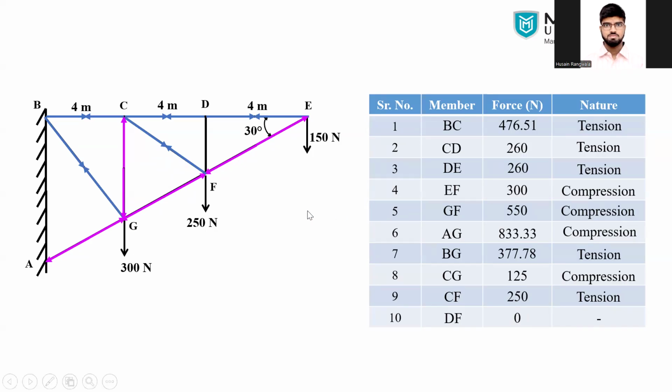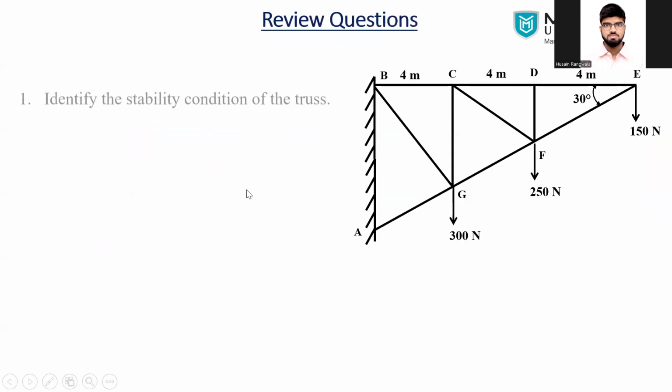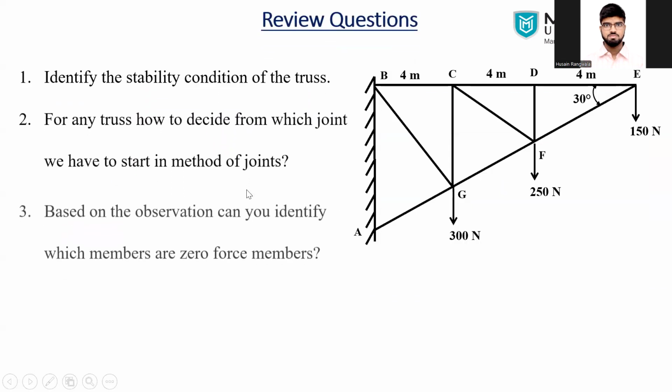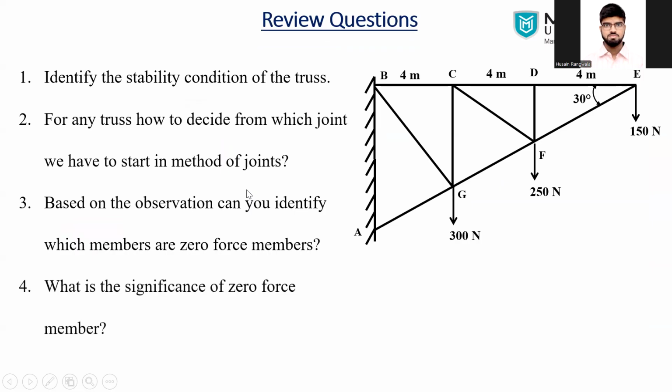Last, we are concluding this session with the help of the review questions. There are a few review questions. You have to think about it. You may comment. If you have any difficulty, you can ask me personally anytime. So first one, identify the stability condition of the truss.